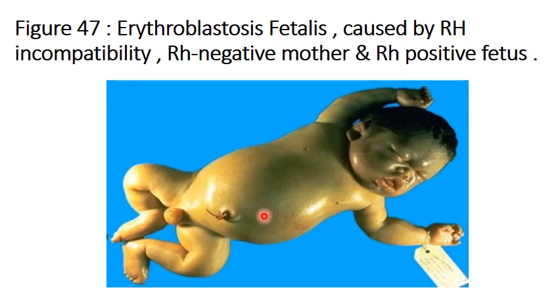Edematous with ascites and hepatosplenomegaly. Look at the distension of the abdomen, and for sure the patient has heart failure, and this is incompatible with life. This is the feature of the baby with erythroblastosis fetalis, hemolytic anemia due to Rh incompatibility.